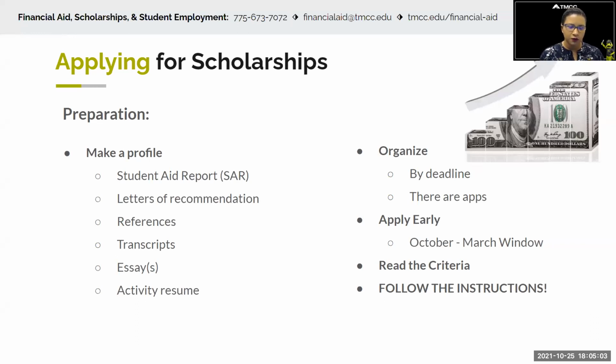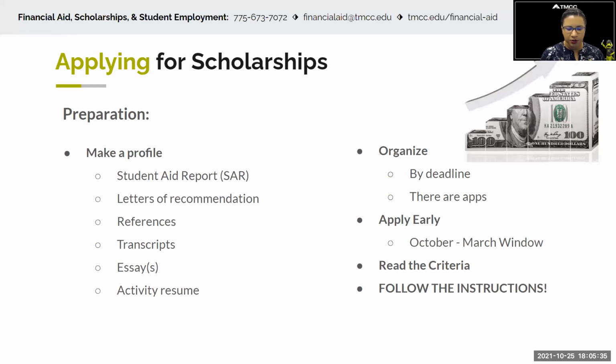A lot of scholarships that award larger amounts do ask for essays. So it's good to create one deep personal essay about yourself. Then you can tailor it to different scholarship questions based off of that knowledge you've already put together about yourself. It makes it easier to apply for scholarships in a more timely fashion.